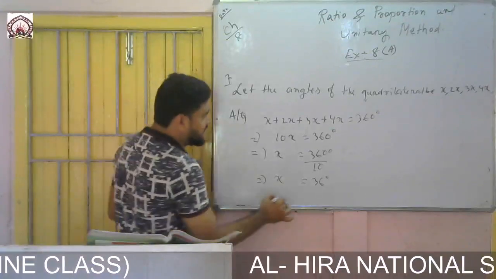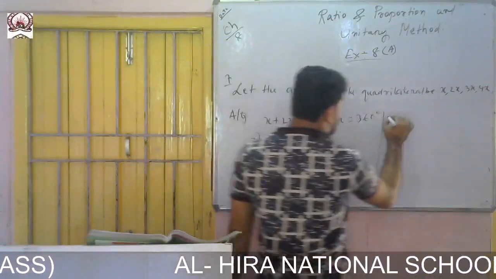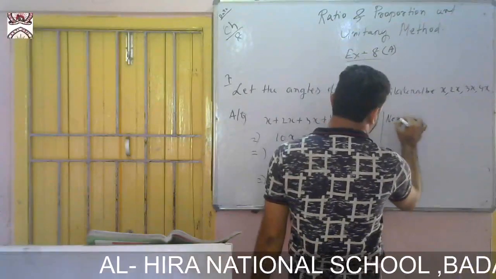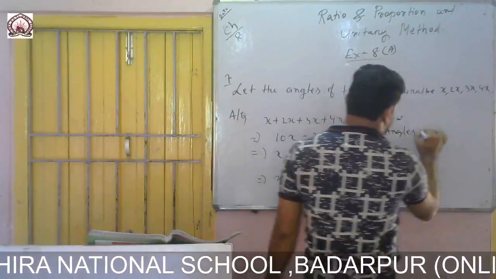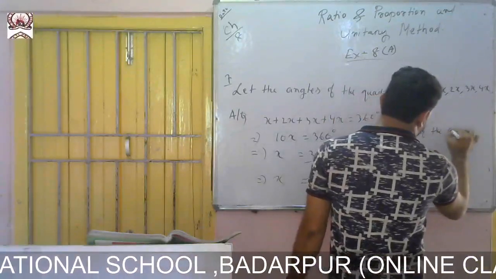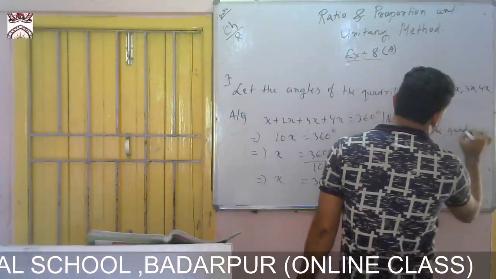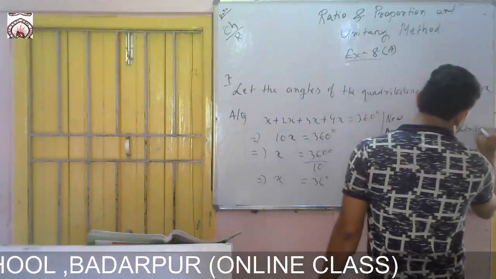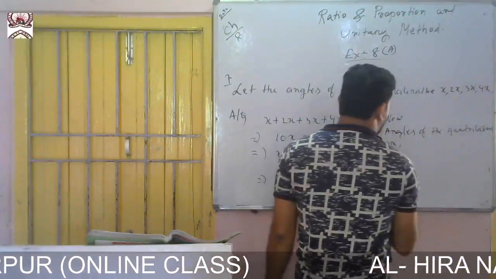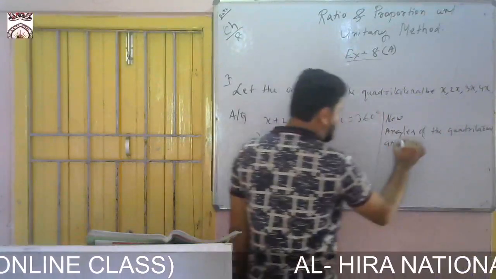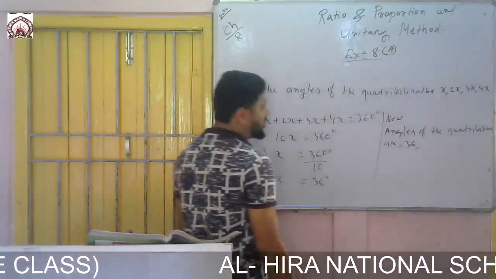Right. Now here you write, angles of the quadrilateral are, number 1, x. So x is 36. Number 2, twice x.